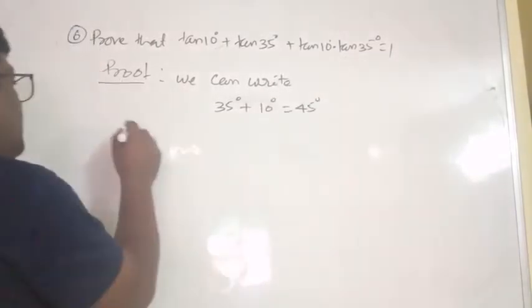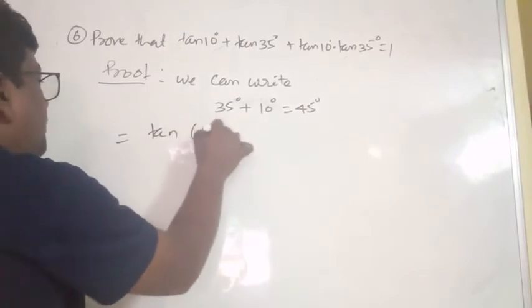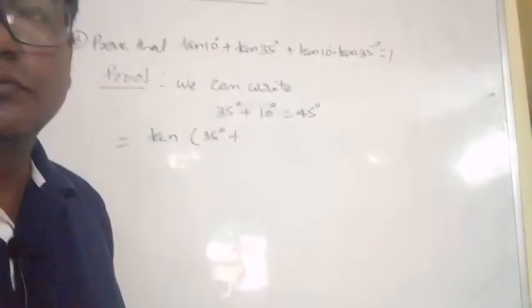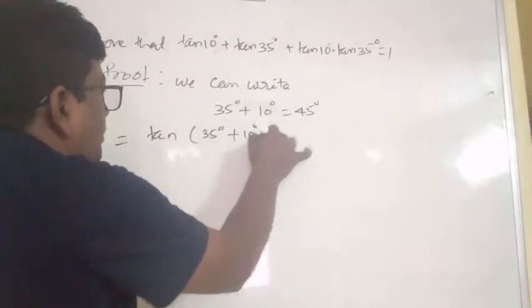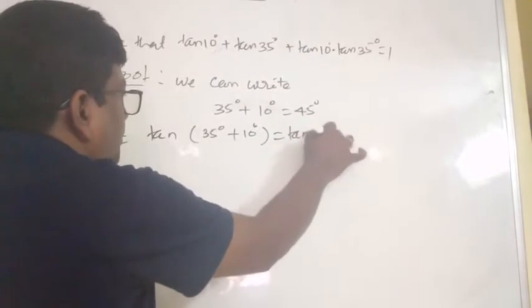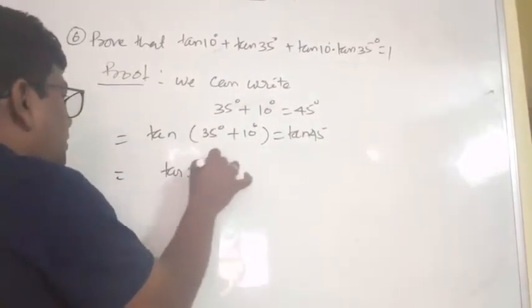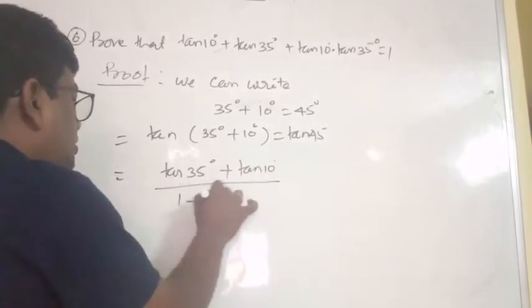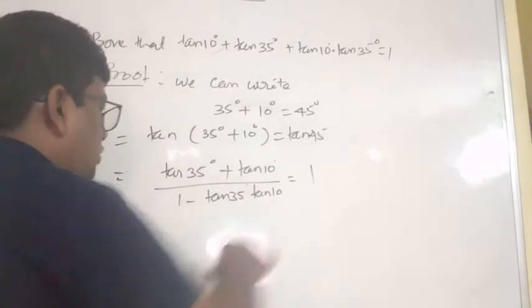Take tan on both sides: tan of 35 degree plus 10 degree is equal to tan 45 degree. So tan A plus B formula: tan 35 degree plus tan 10 degree divided by 1 minus tan 35 degree into tan 10 degree equals tan 45, which is 1.